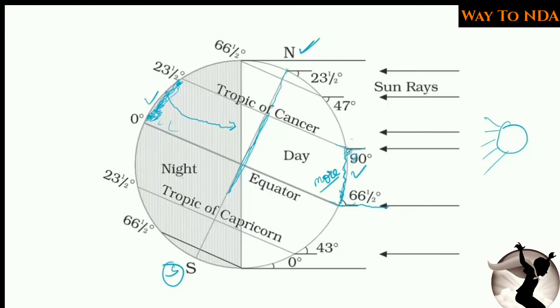Because here the sun rays are making an angle of around 23 and a half degrees near the north pole, but at the south pole it is around 0 degrees. So you can say that nearly no sun rays are falling at the south pole.